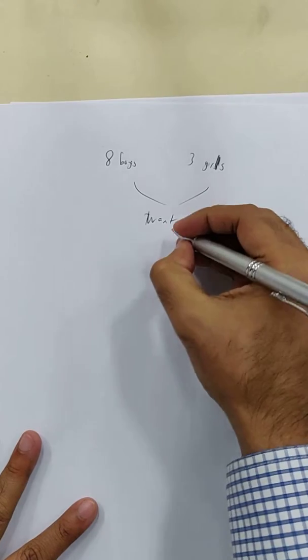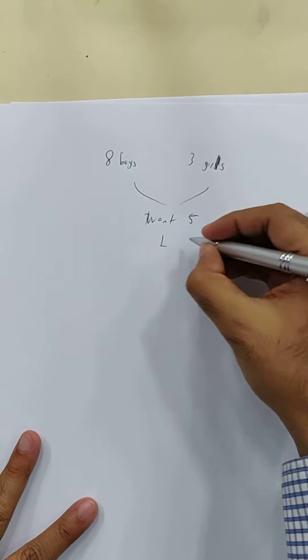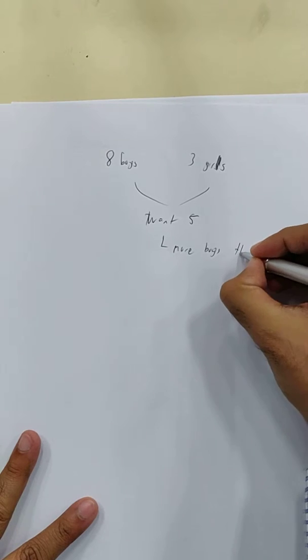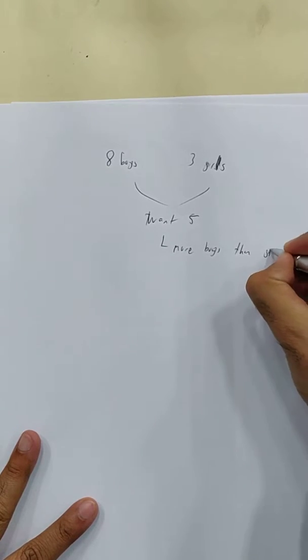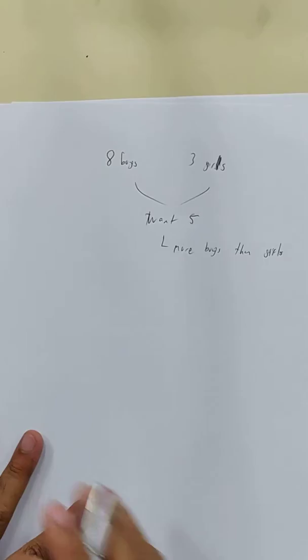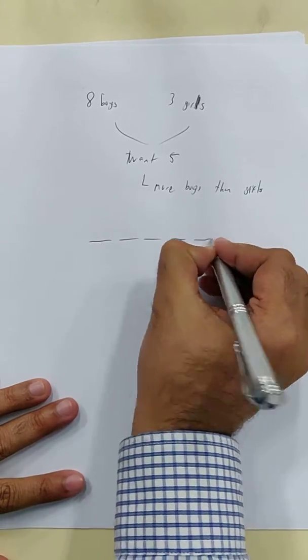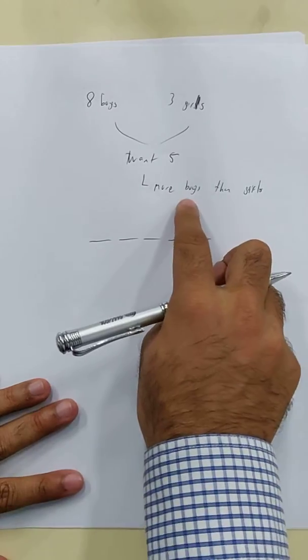And here come the rules: more boys than girls. Okay, please don't hate me for being woman power or whatever feminism here. I just got the question. So how should we do this? I want 5. 1, 2, 3, 4, 5.